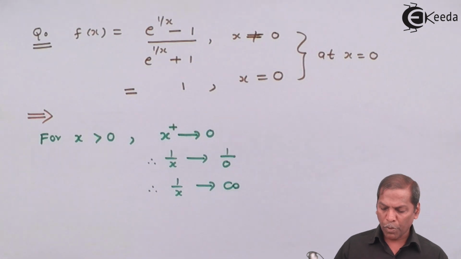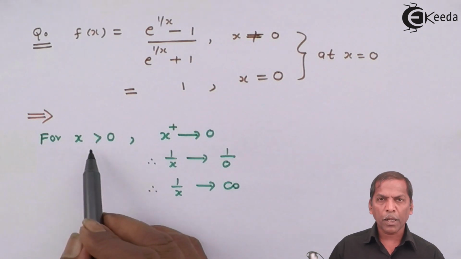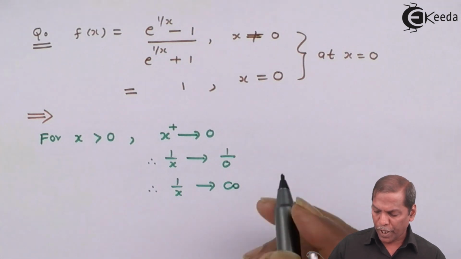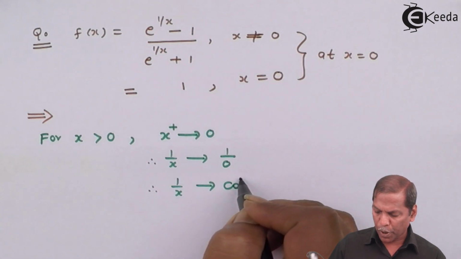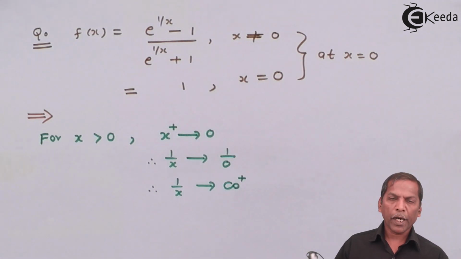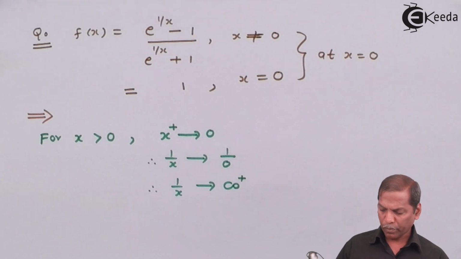But the present case is what? x greater than 0. So here we get infinity raised plus. It means we get infinity as the answer from the right hand side.